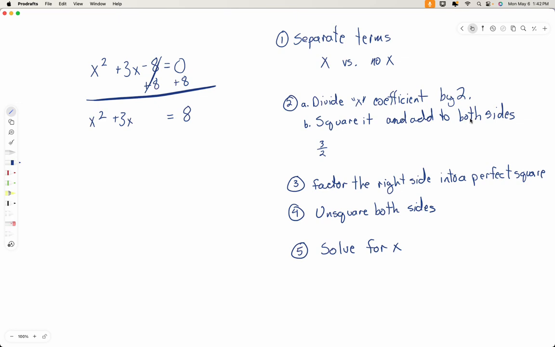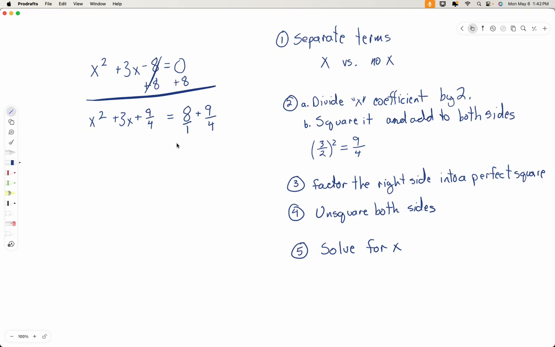We're going to square it and add it to both sides. So when I square this and add it to both sides, 3 times 3 is 9, and 2 times 2 is 4. So I'm going to add 9 over 4 to both sides. Now when I do that, I'm recognizing that 8 is a whole number, right? It's over 1.